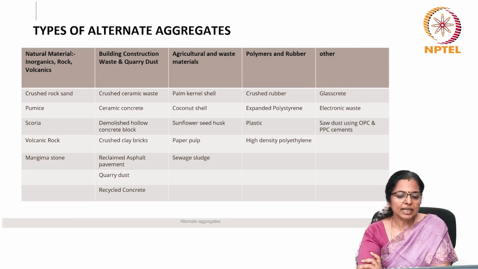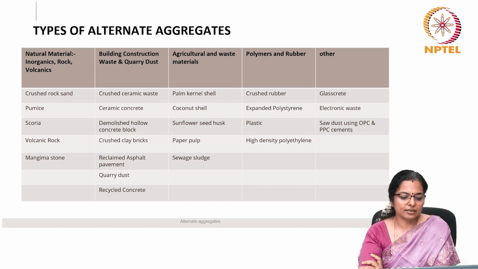There can be various types of alternate aggregates. The alternate aggregates can be from natural material which are inorganic, rock and volcanic. It could be from building construction waste and quarry dust.